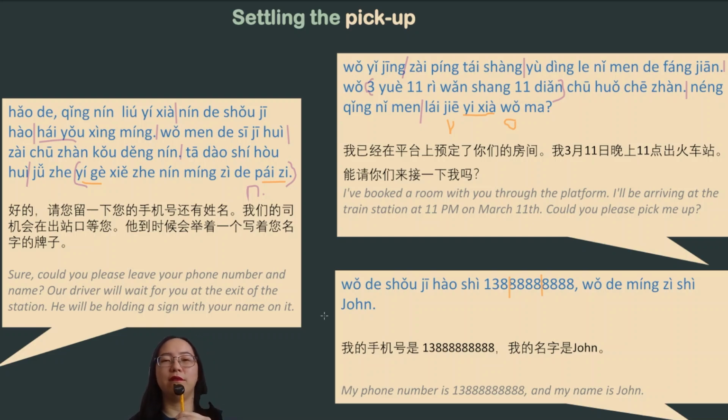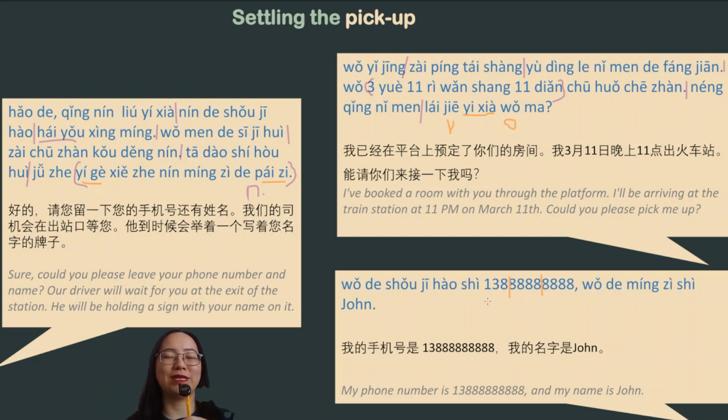And we actually learned in previous lessons that we will put the 的 to combine the modifier and the noun. And finally, it's time for you to provide your name and your phone number. 我的 my, 手机号 phone number, 是 is 138. Please notice that when we say numbers, like room numbers or phone numbers in Chinese, we don't say 一 as one.